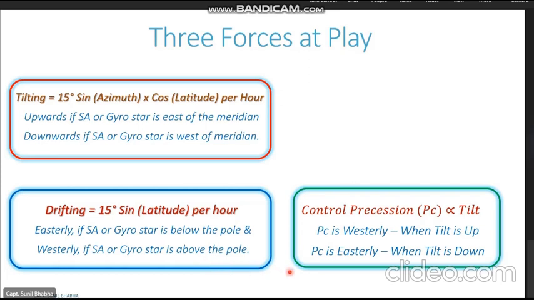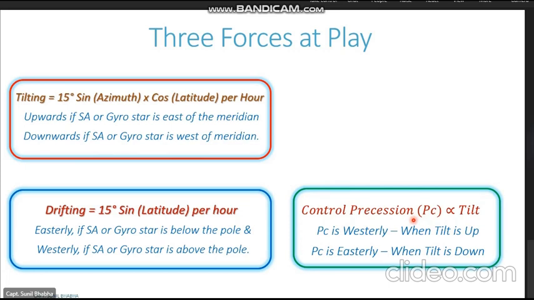The third force which we have introduced in this controlled gyro is the control precession. As we saw in the previous presentation, control precession is directly proportional to tilt. If the tilt is 0, the control precession is 0. As the tilt starts to increase, the control precession also increases.